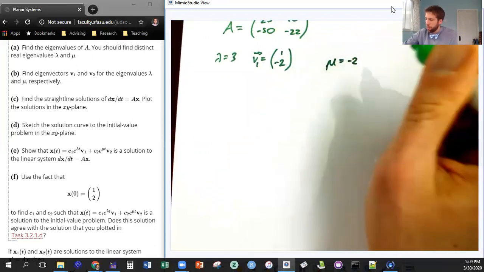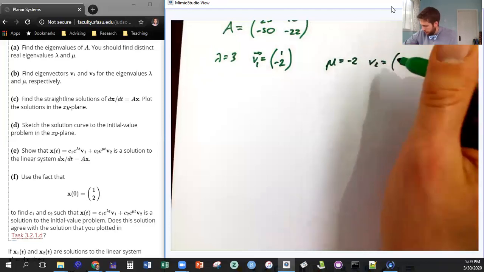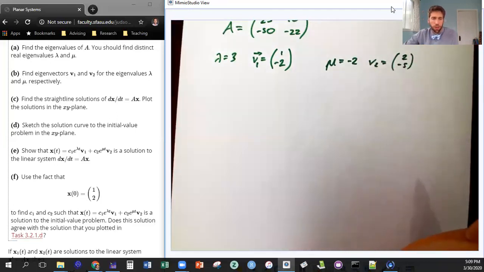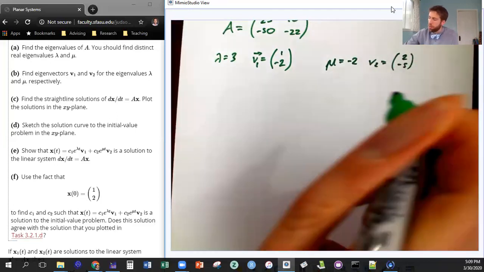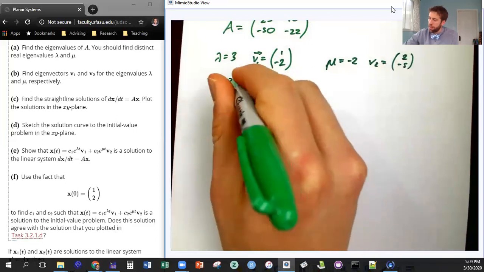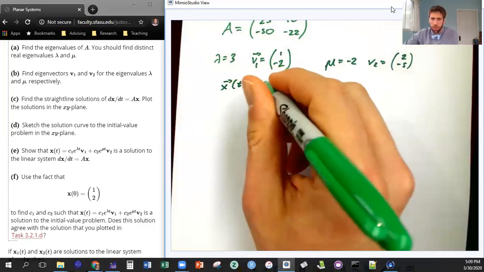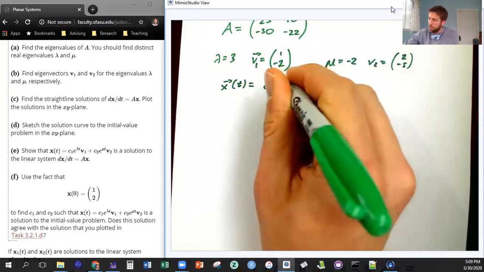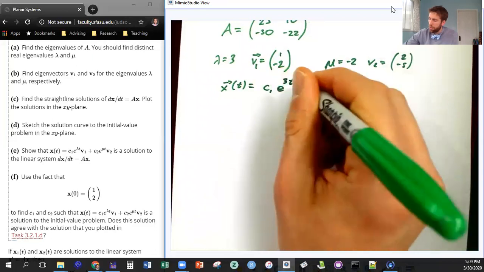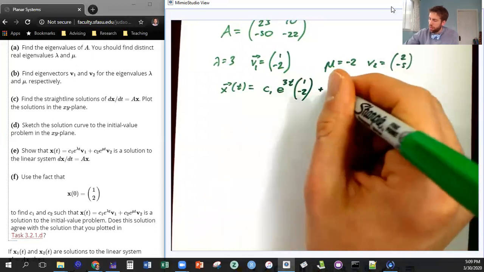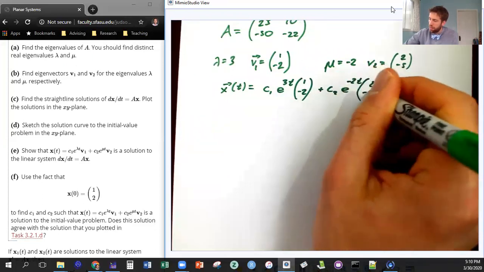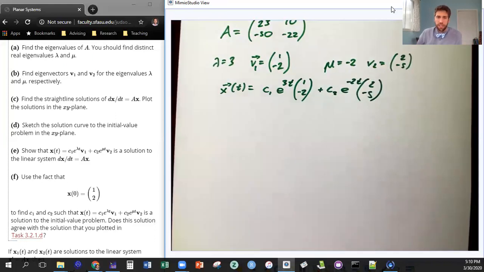That's -2, and V2 is 2, -5. So x of t equals c1 e to the 3t, e to the lambda t, times 1, -2, plus c2 times e to the -2t times 2, -5. Is this a solution to the differential equation?